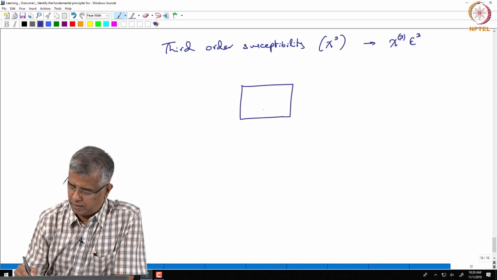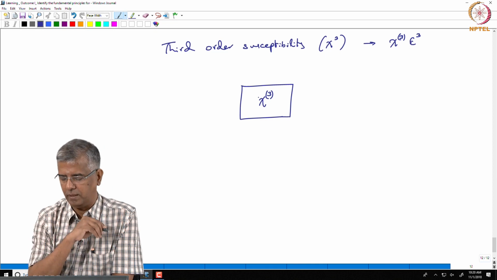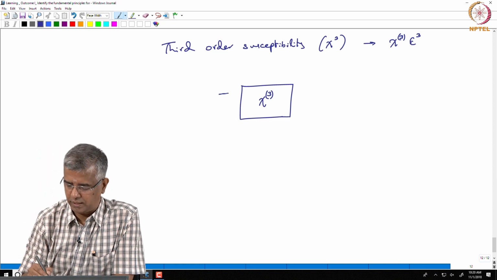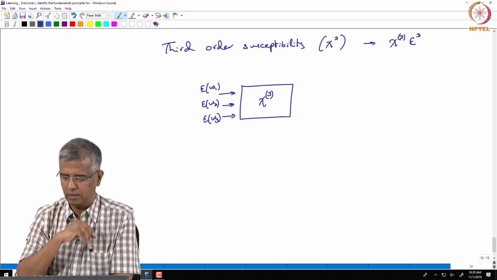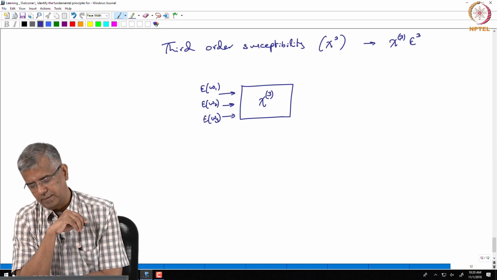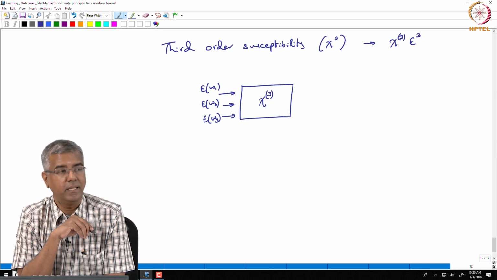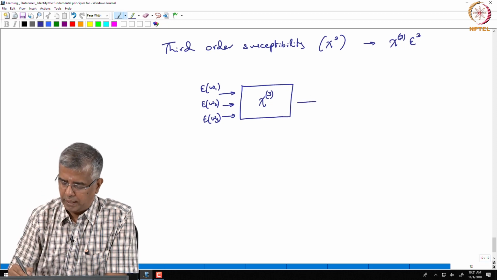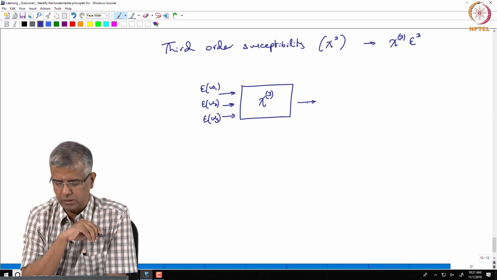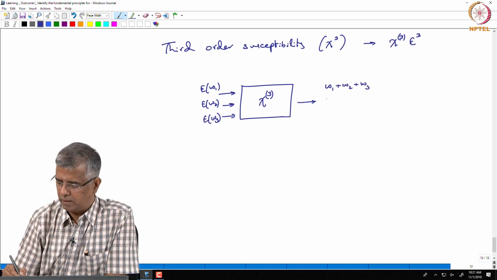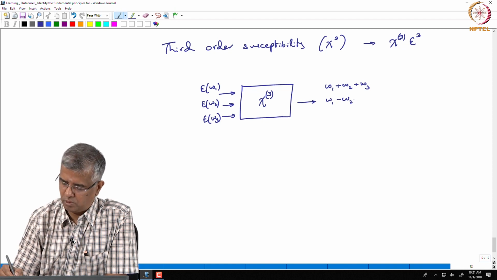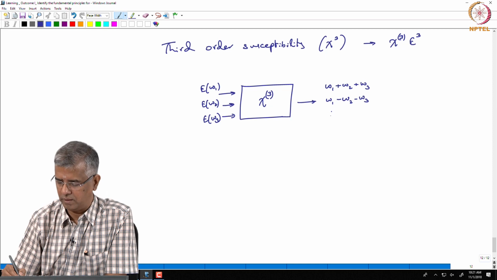So you have a material that's providing a large Chi3, and you could have E of omega 1, E of omega 2, E of omega 3, right, multiple frequencies that are exciting this medium, and then you can get an output which is a combination of this omega 1 plus omega 2 plus omega 3, omega 1 minus omega 2 minus omega 3, and so on, right.